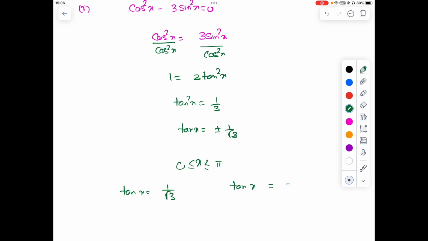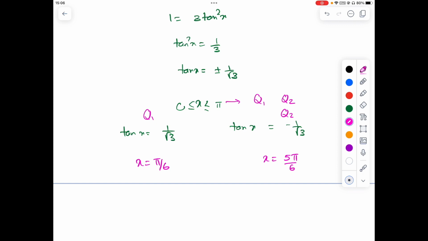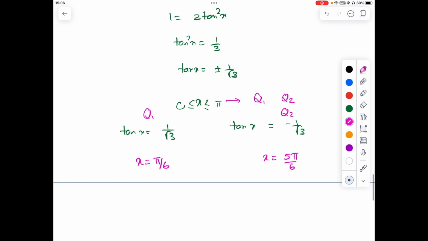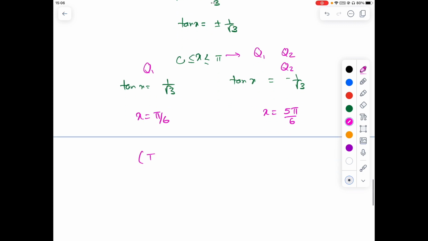In Q1, tan is positive, in Q2, tan is negative. So this becomes x equals pi upon 6, and this becomes x equals 5 pi upon 6. So the roots are pi upon 6 and 5 pi upon 6. That is the first part. Or you can write it as points, pi upon 6 comma 0 and 5 pi upon 6 comma 0. This is not required, but useful for sketching purposes. That's why we are writing it out.